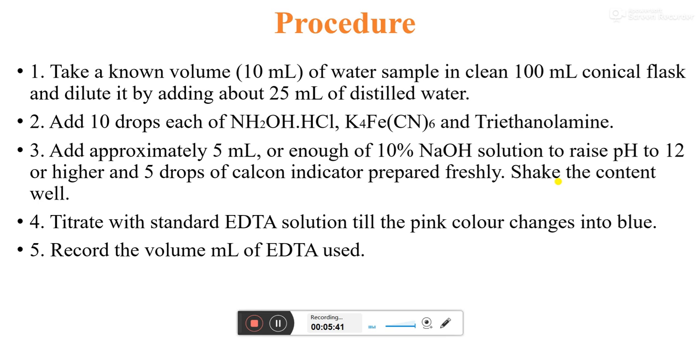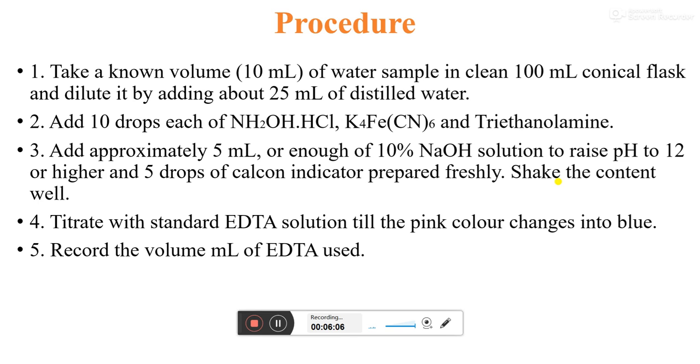We take 10 ml of water sample in a clean 100 ml conical flask and dilute it by adding 25 ml of distilled water. So first take 10 ml of water sample, then add 25 ml of distilled water for dilution. Then add 10 drops of hydroxylamine hydrochloride, potassium ferrocyanide, and triethylamine.